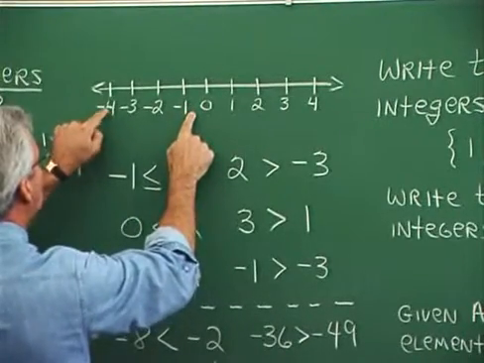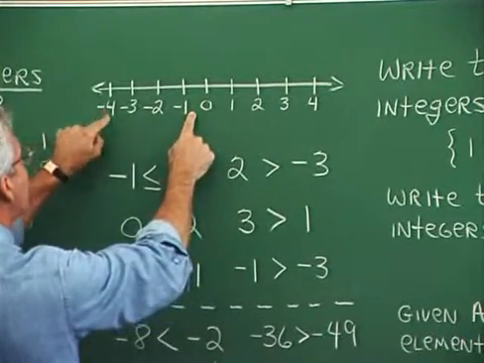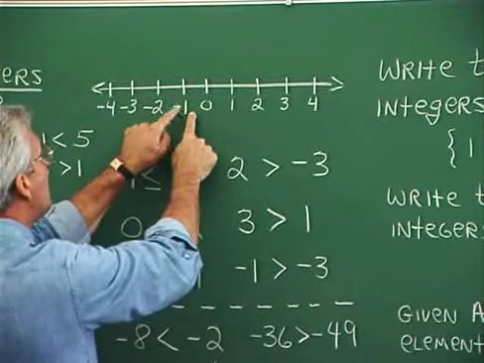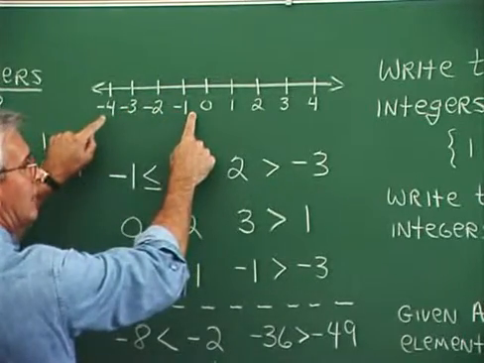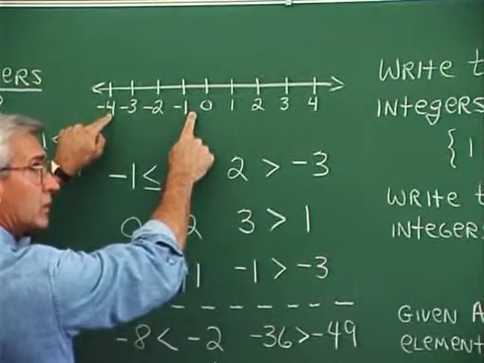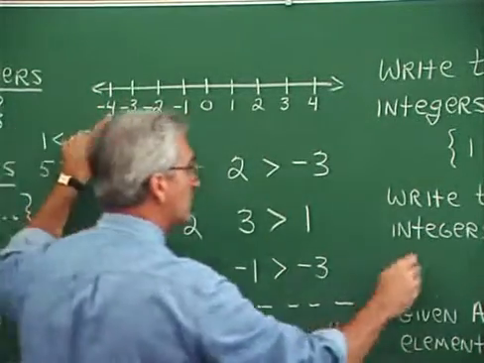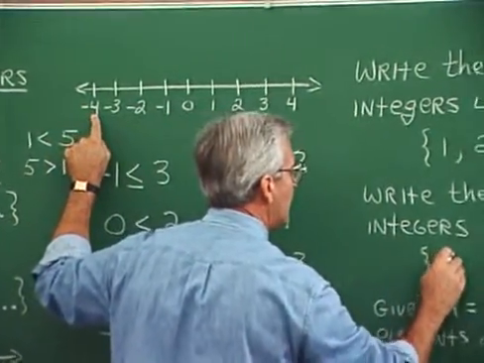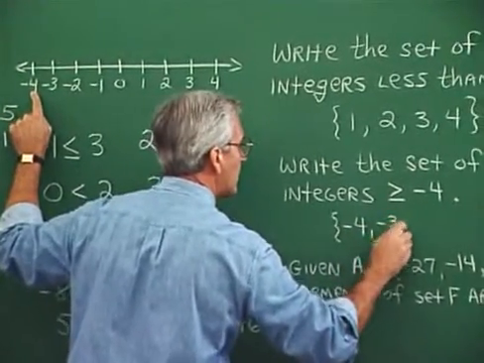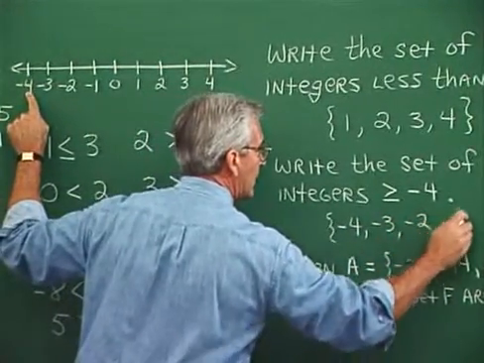That would include negative 4, negative 3, negative 2, and negative 1. All of these are negative, and they're greater than or equal to negative 4. So the set containing negative 4, negative 3, negative 2, and negative 1.